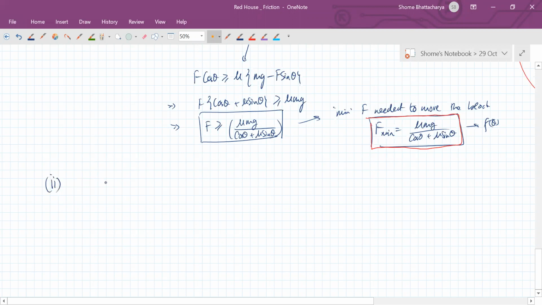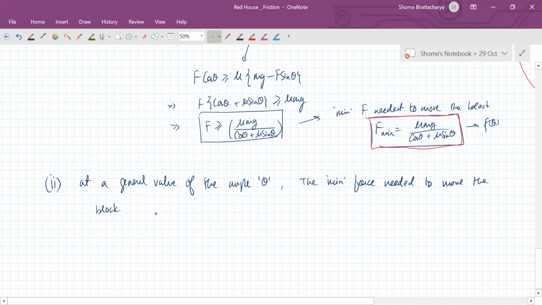So, at a general value of the angle theta, the minimum force needed to move the block, F minimum, is given by this function mu mg upon cos theta plus mu sin theta.